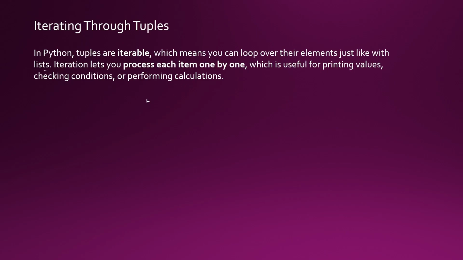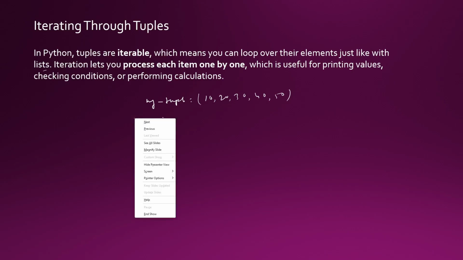So for example, if this is my tuple, okay, I have this tuple 10, 20, 30, 40, 50 like this, okay? Now if we run our for loop in this tuple as well, I'll show you the for loop example because this is one of the most popularly used loops.